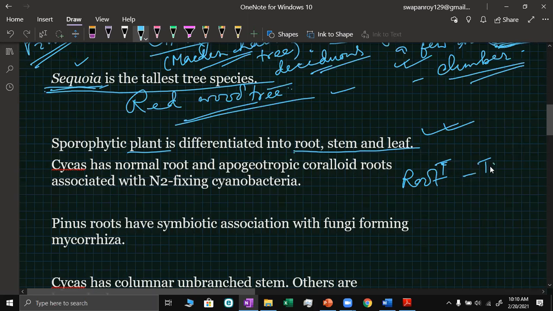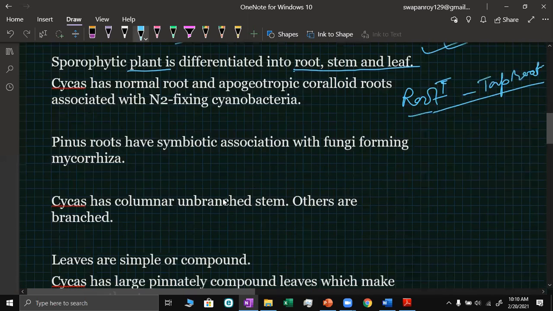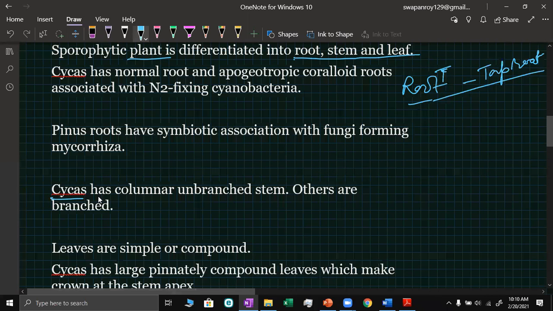One peculiar variation we can see in the gymnosperms is that the roots of some plants, particularly Cycas. Cycas is one plant. It has two types of root.